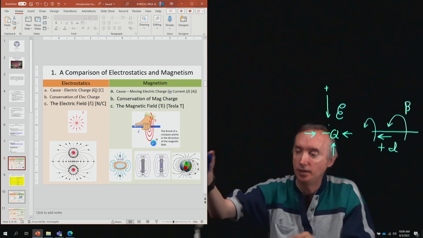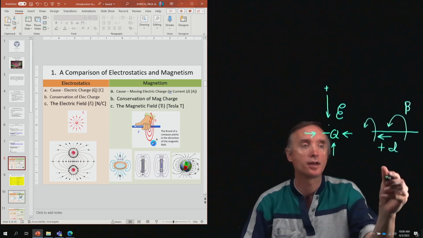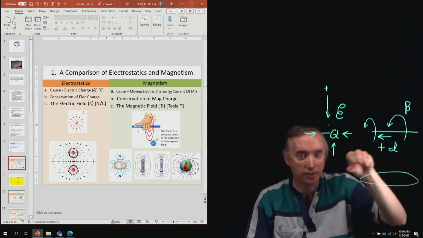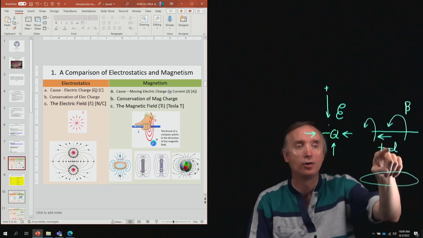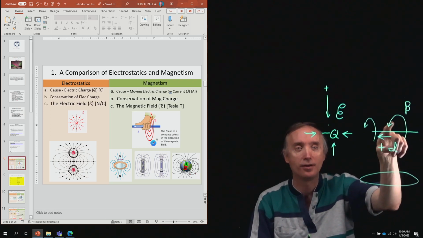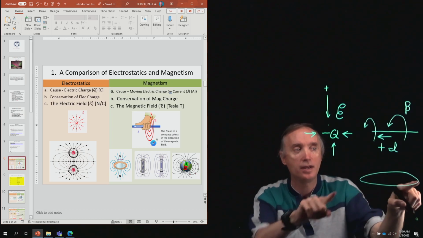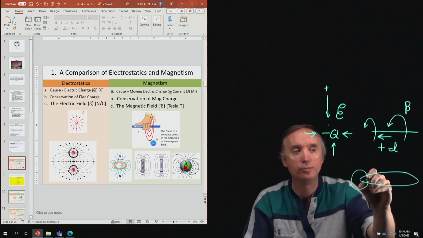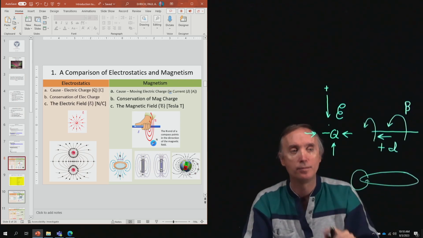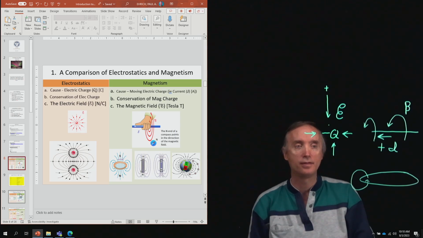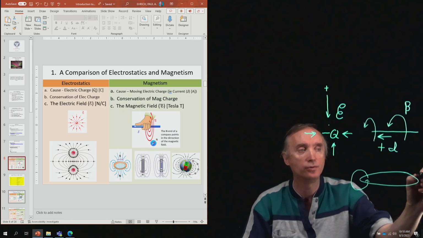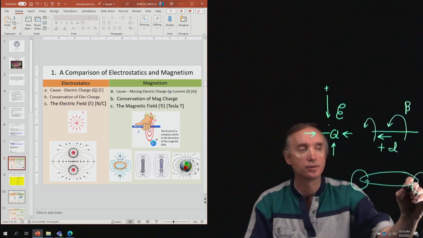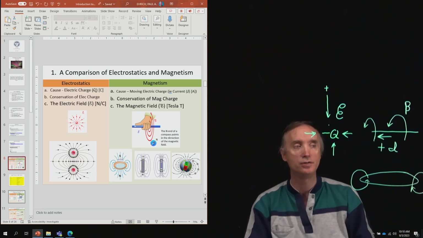So let me illustrate this with a circle, and remember that the circle ought to be actually edge on to you, and we know that it's going to have circles around it. So let's look on the edge here, you would have a circle that would be going around it, and I'm going to make my magnetic field doing that. And then the same thing is going to be true on this side over here, but it needs to be going in the opposite direction. So on this side, it's going to be doing this.